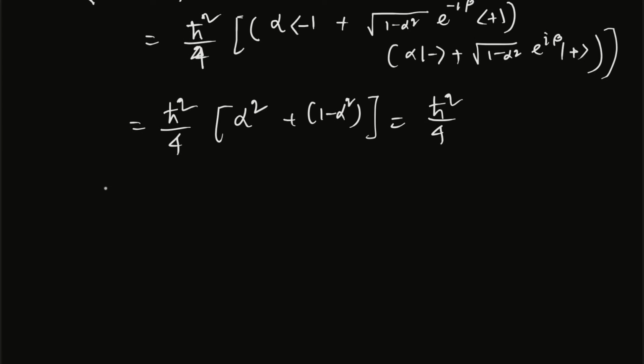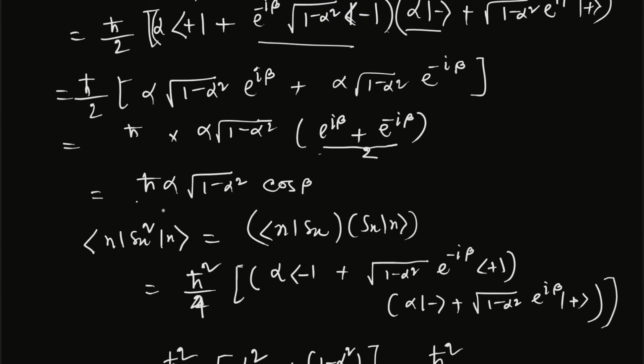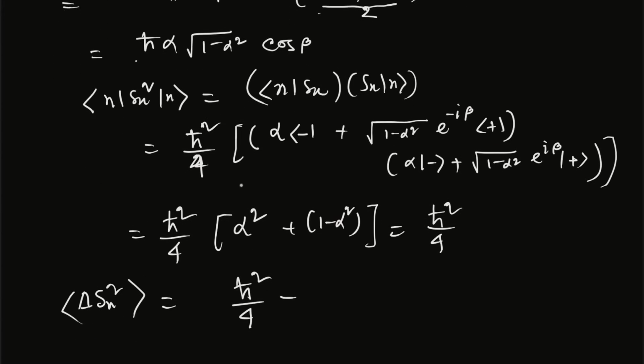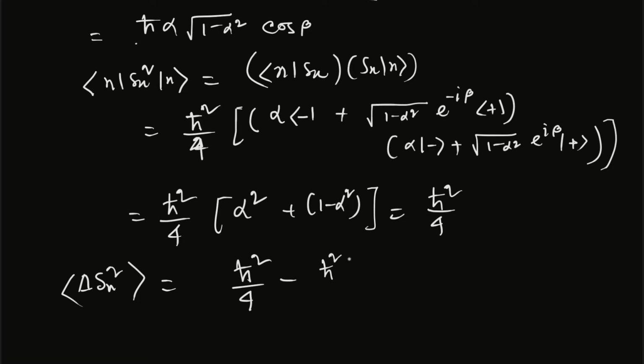So the dispersion, delta Sx squared, will be h cut squared by 4 minus h cut squared alpha squared (1 minus alpha squared) cos squared beta.